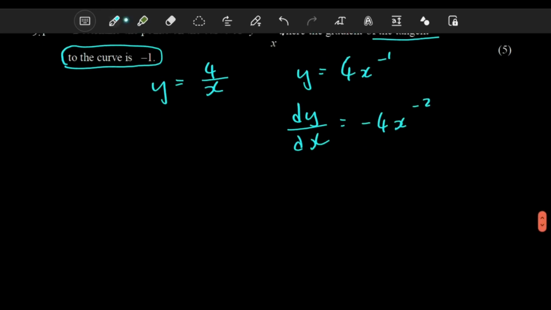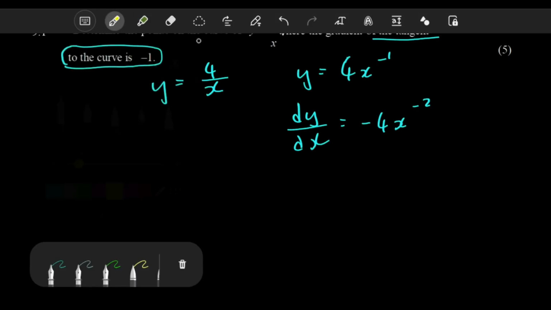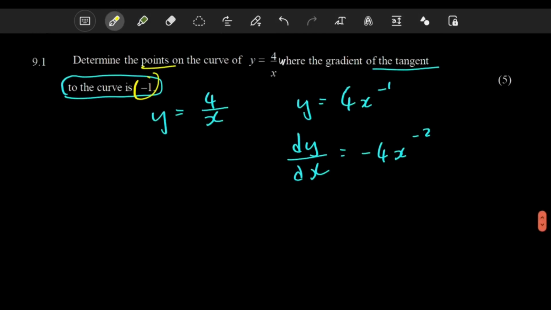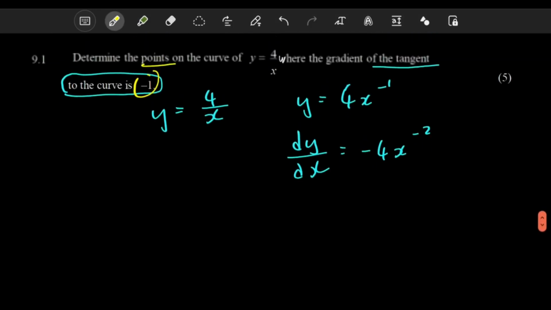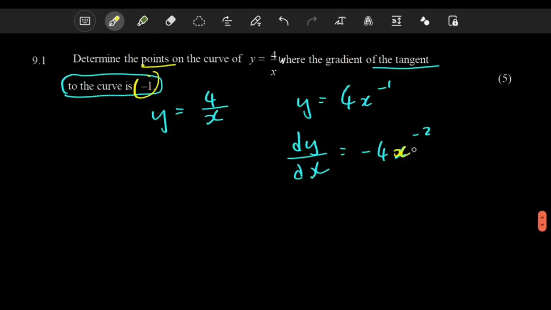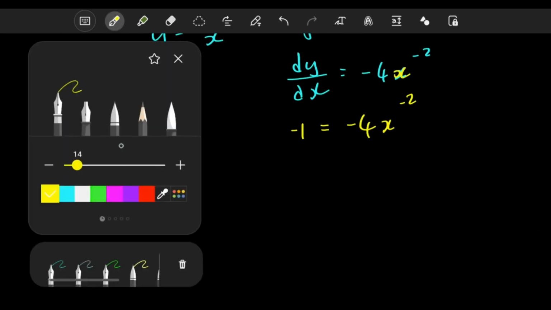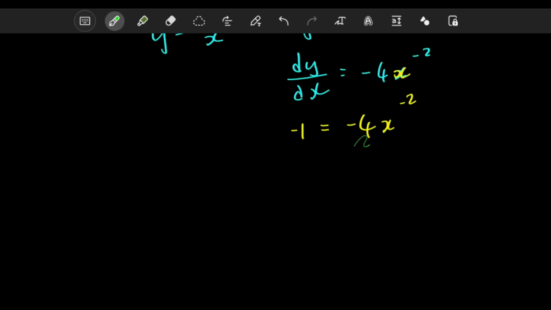Now you want to work out the points where the gradient is -1. So you want to find the x value where the gradient is -1 first. So you substitute -1 for the gradient and then solve for x. It doesn't look like it's going to be anything crazy, but you may need to divide both sides by -4 first.